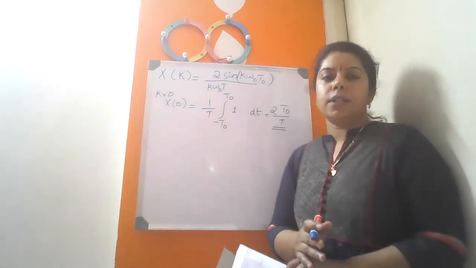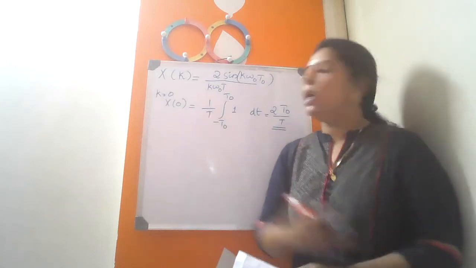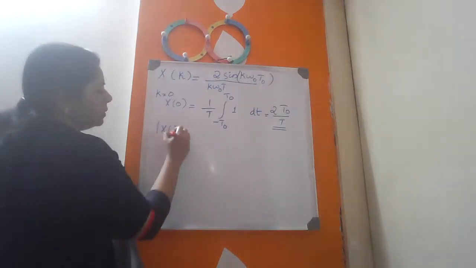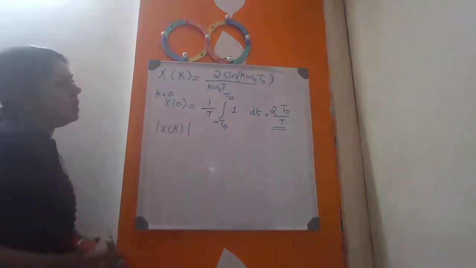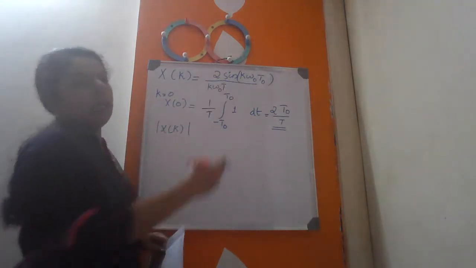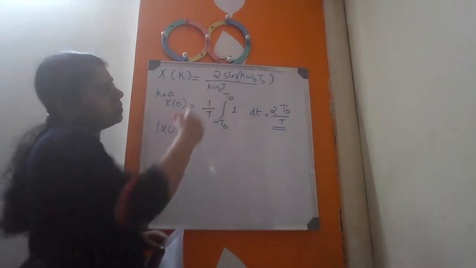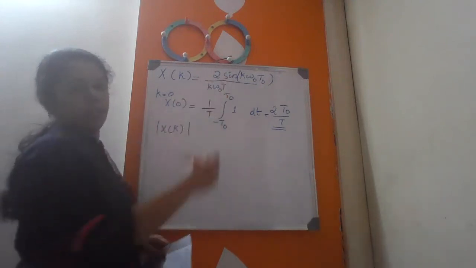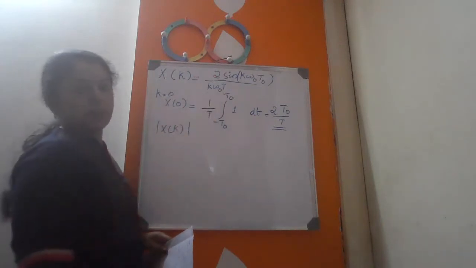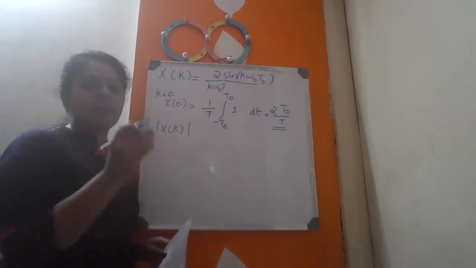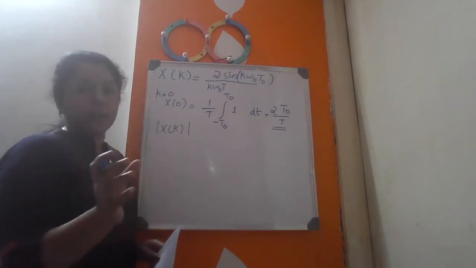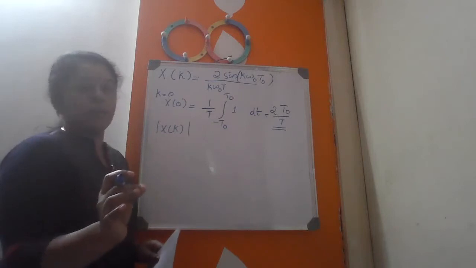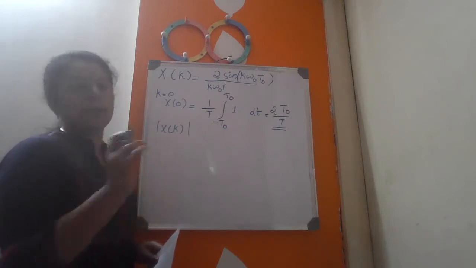Now let us find the amplitude. In order to find the amplitude part, you can see that I don't have any imaginary term here. Everything is a real part only. You know that the amplitude or magnitude is the square root of a square plus b square, that is, real part square plus imaginary part square.